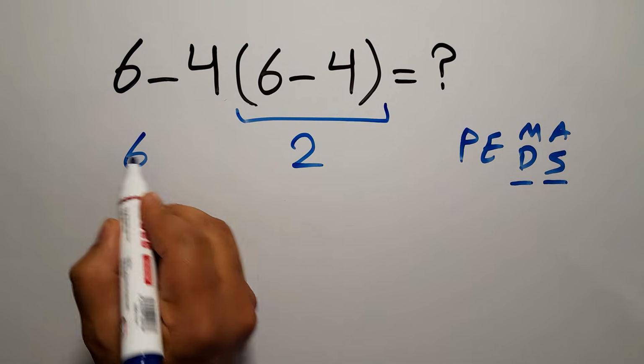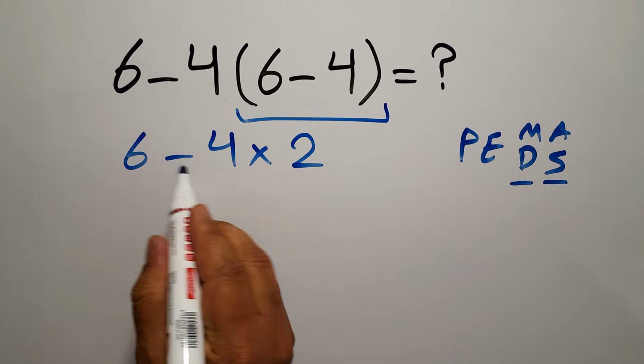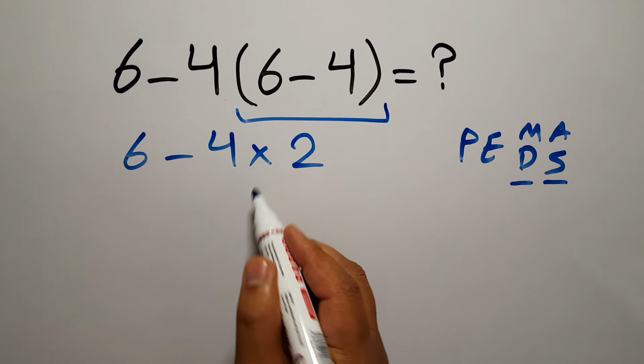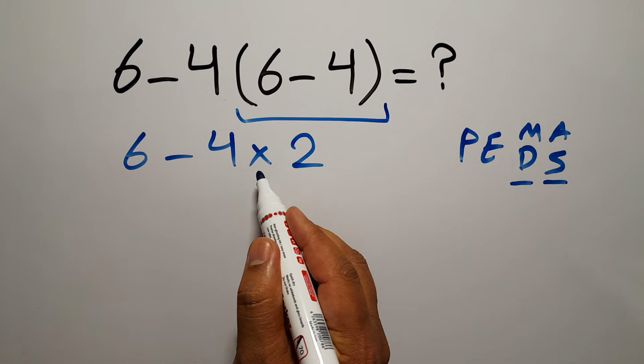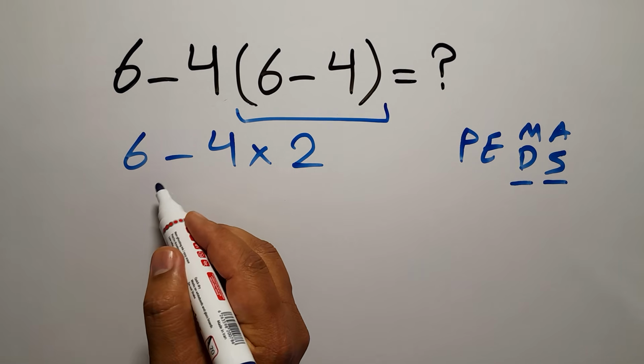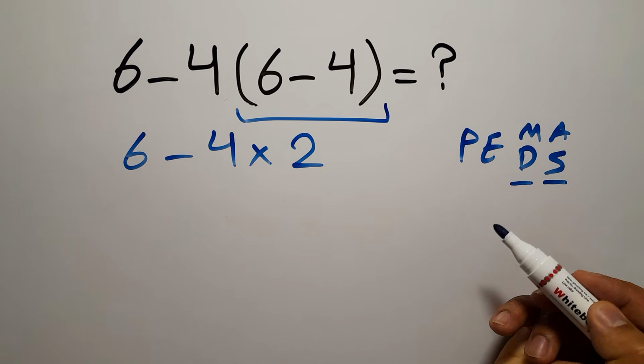So we have 6 minus 4, then times 2. Now we have one subtraction and one multiplication. In PEMDAS, multiplication comes before subtraction. Here, M comes before S.